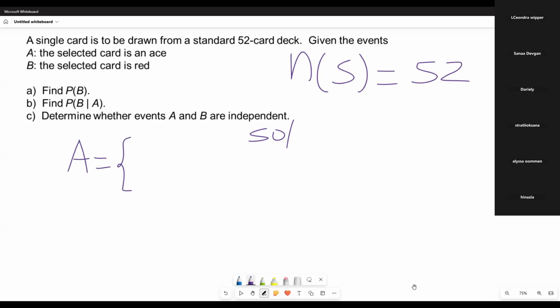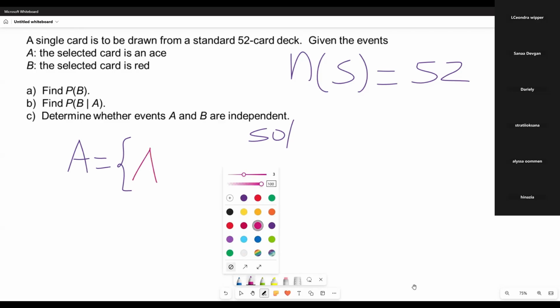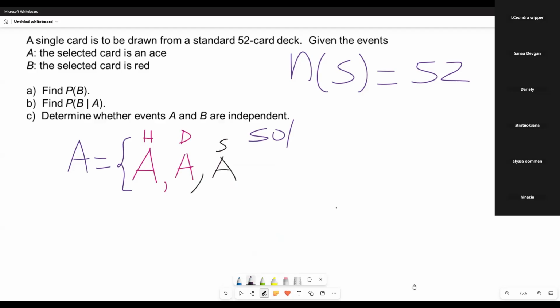Talking about aces, okay, we've got the ace of heart and ace of diamond, they are red.